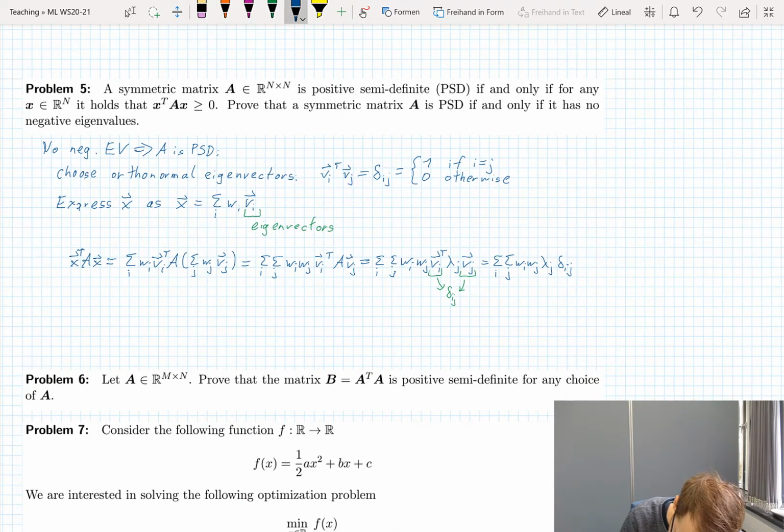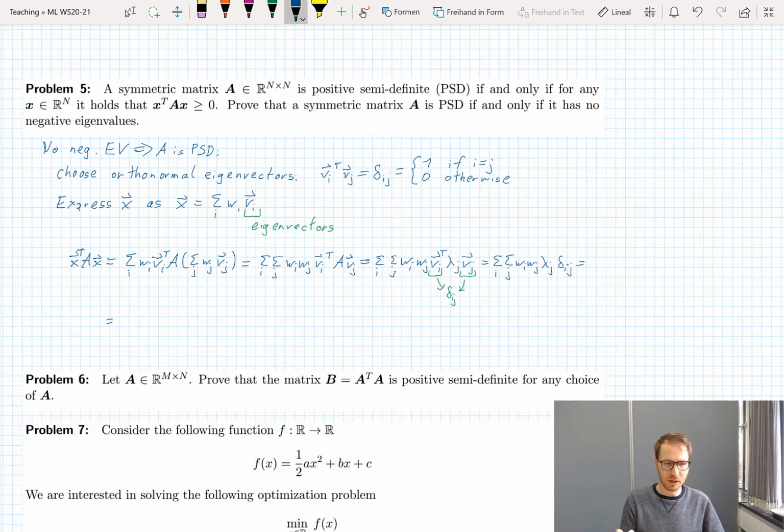And then looking at that, the delta here basically means that one of the sums goes away.